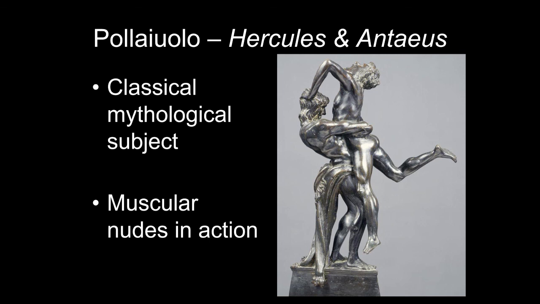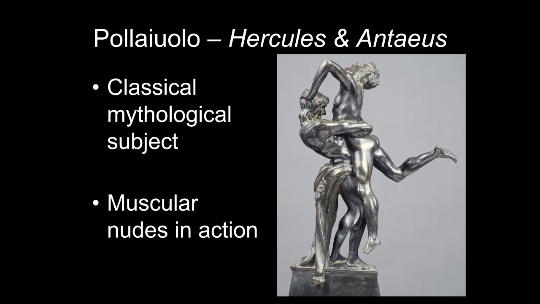Usually in Renaissance art, you'll have figures that are more restrained. But Pollaiolo really likes to show these muscular nude figures in action. And so here we have a statuette. It's relatively small. It's something that you would put on your shelf or on your table and admire.